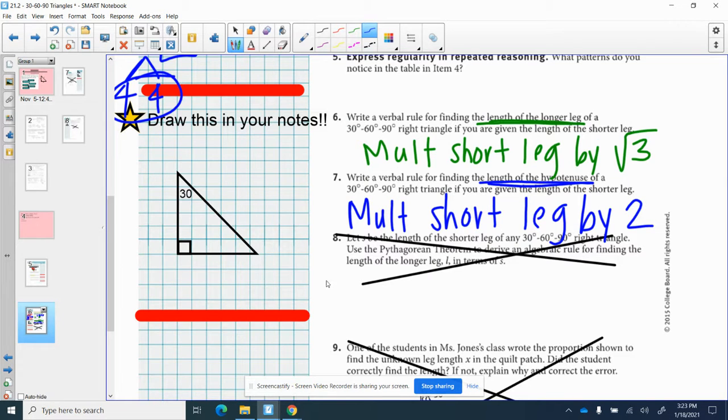So we see this pattern that the short leg is the important one here because we can either double that value to find the hypotenuse or multiply it by the square root of 3 to get the longer leg, the side across from the 60-degree angle. Okay, so very important that you have this figure drawn into your notes.